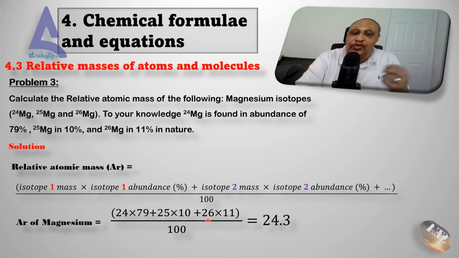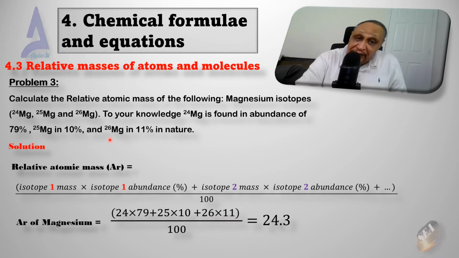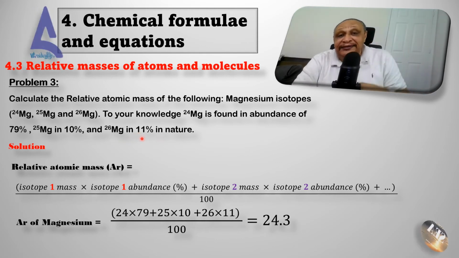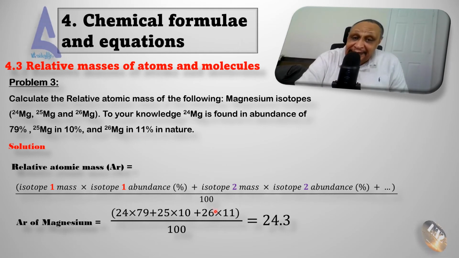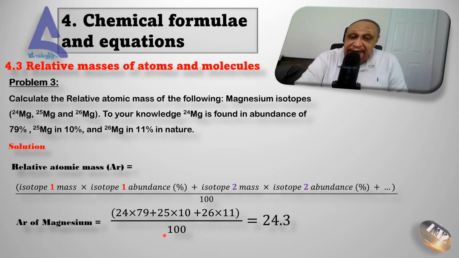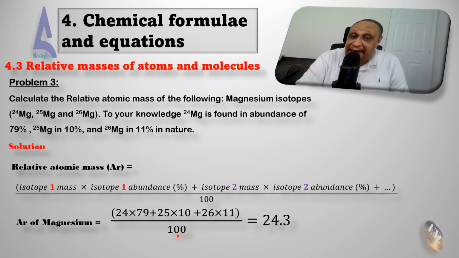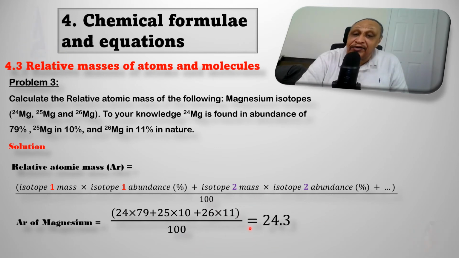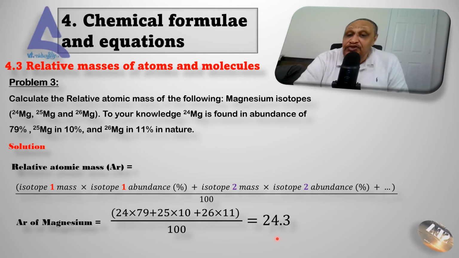And then 26 multiplied by 11, because 26 is the mass of the third isotope, and 11 is its contribution. And when we finish this, we just divide by 100. Why 100? Because this is a percent, and we get this result, which is 24.3.